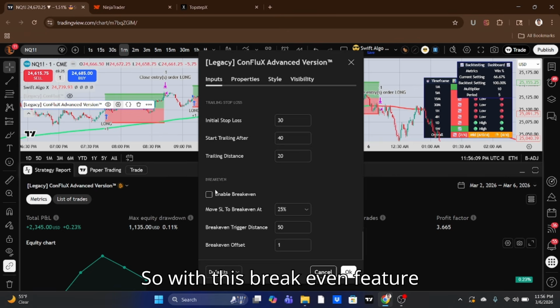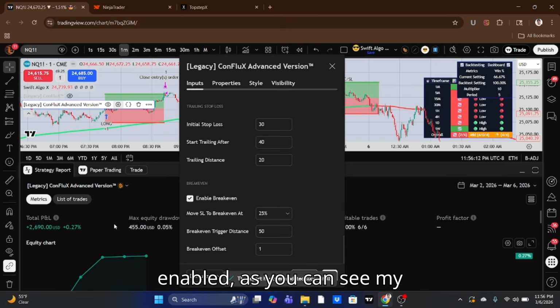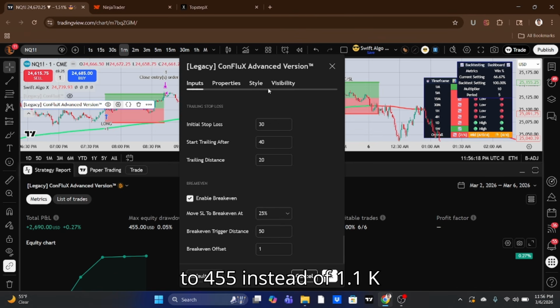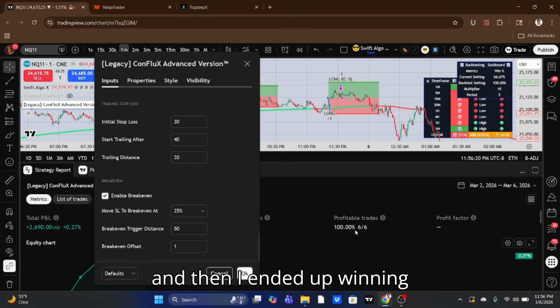So with this break-even feature enabled, my max drawdown decreased significantly down to 455 instead of 1.1K. And then I ended up winning all 6 trades, being at 100%.